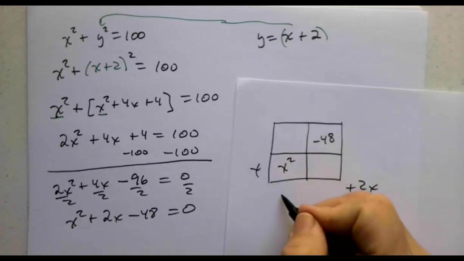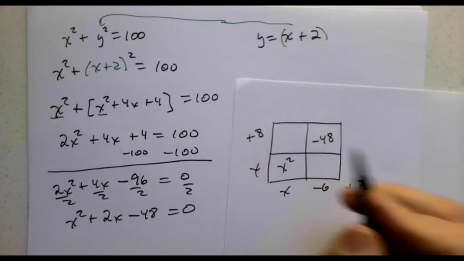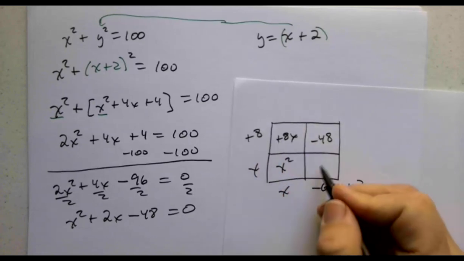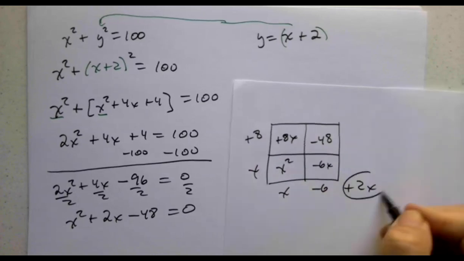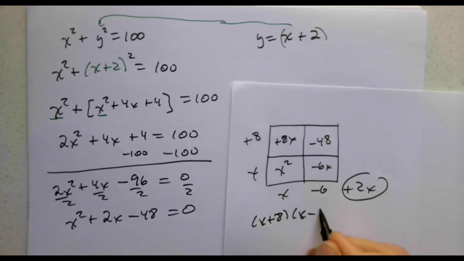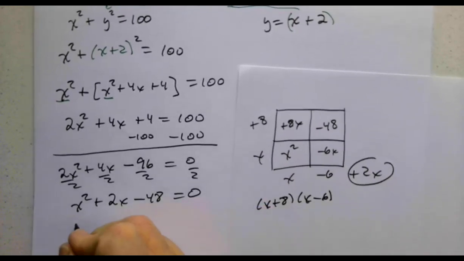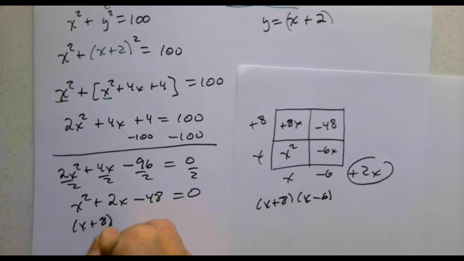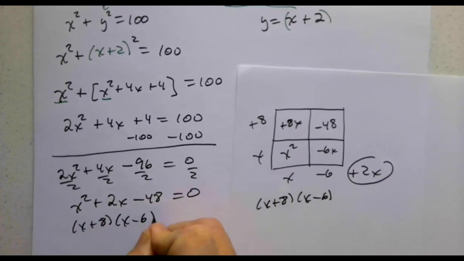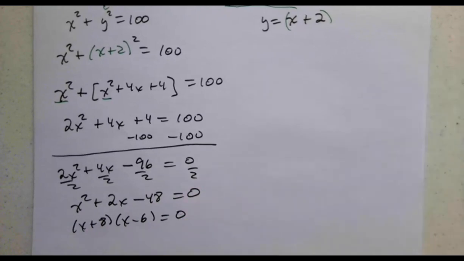So x times x. How about plus 8 and minus 6? Plus 8x minus 6x adds to the 2x, so x plus 8 times x minus 6. So we have x plus 8 times x minus 6 is 0. So x plus 8 is 0 or x minus 6 is 0.